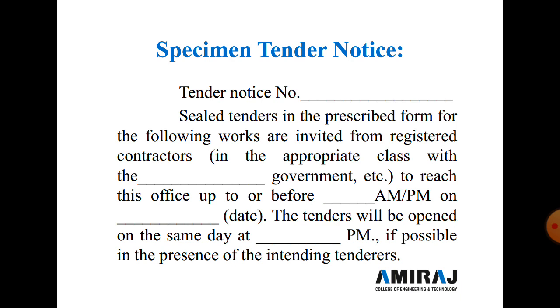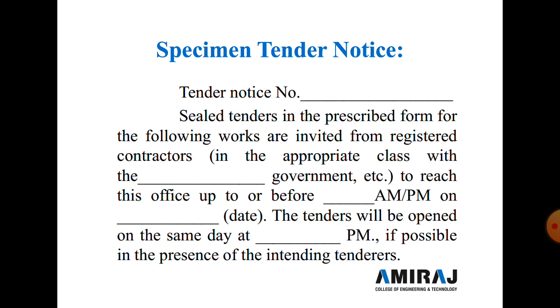Now here one specimen tender notice is given. The tender notice is blank. First, the tender notice number is written in the blank form. Then sealed tenders in the prescribed form for the following works are invited from registered contractors in the appropriate class with the government. Here the class of the contractor is written in a blank.